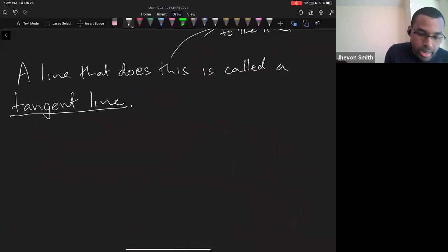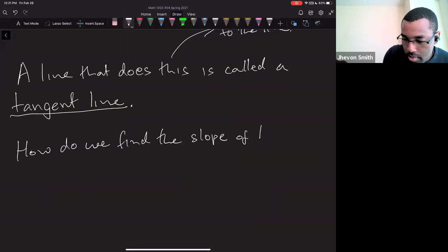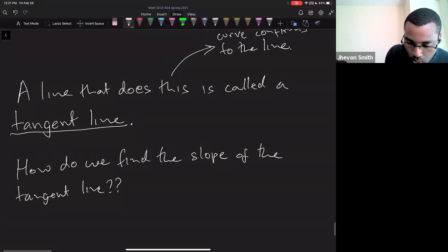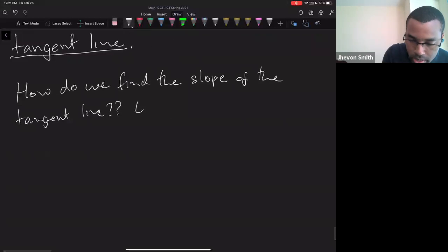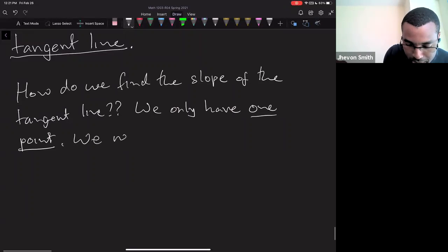Issue though, how do we find the slope of the tangent line? We only have one point, right? We need 2 points to find the slope, right?